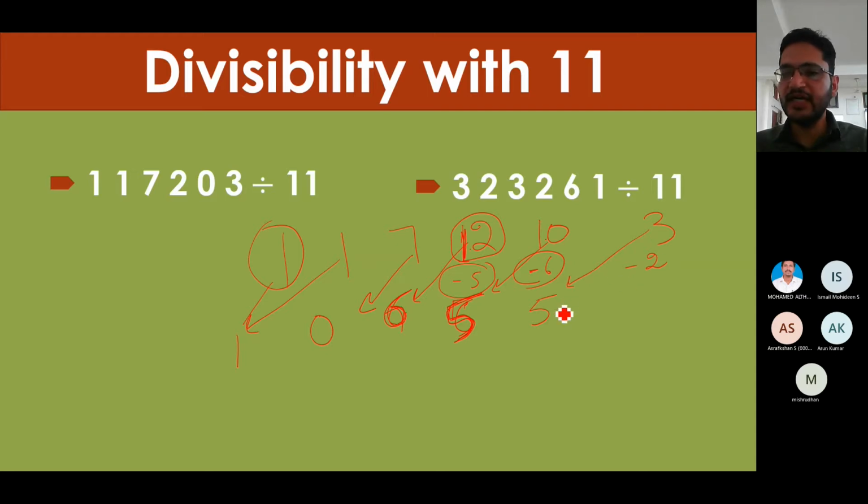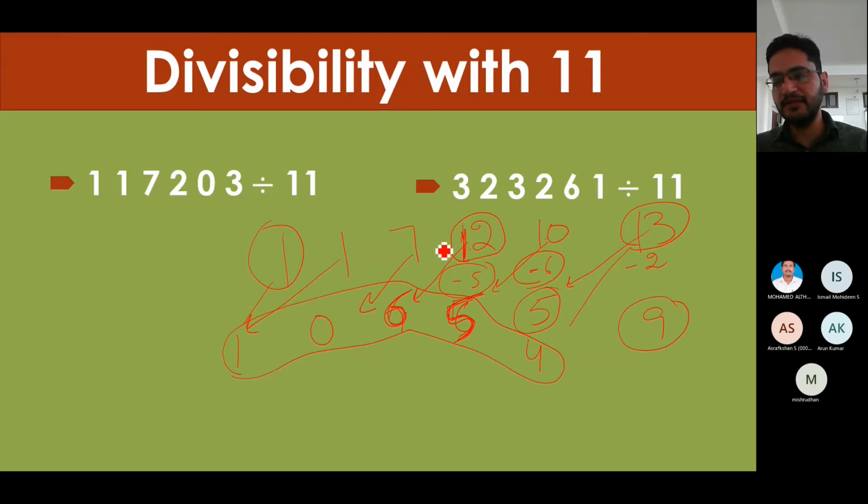Again the difference is negative. Now I will take 1 from this one, so this is 4, and I will write 1 before 3. It is 13. Now 13 minus 4, that is 9. So the quotient is 10654. This is the quotient and this is the remainder.